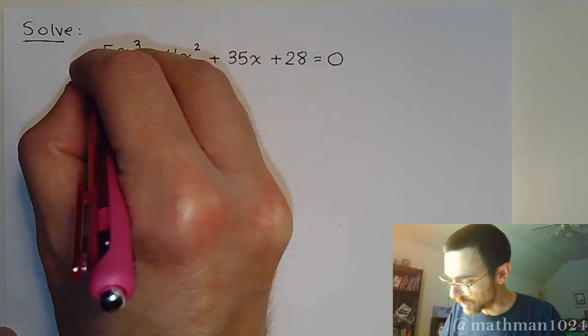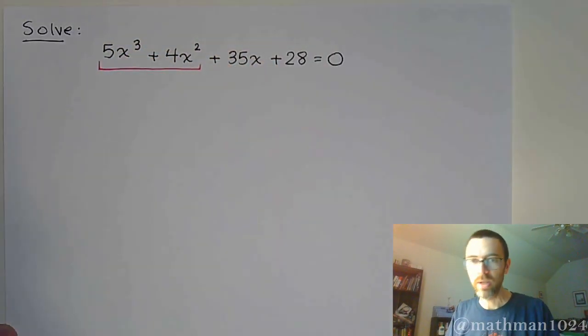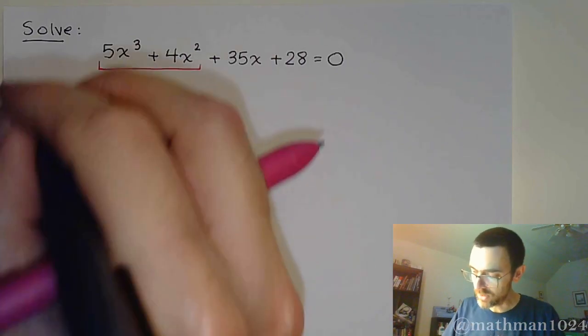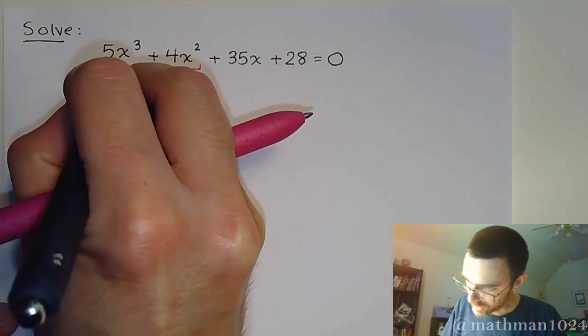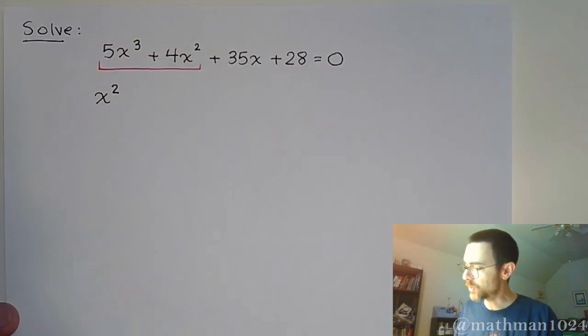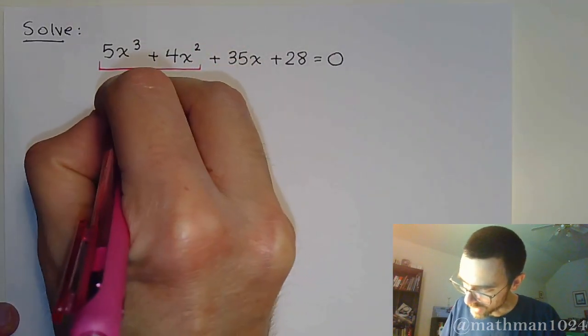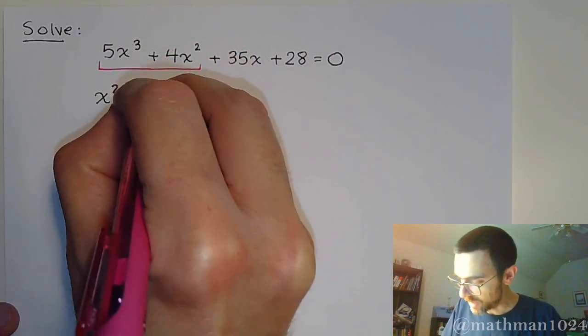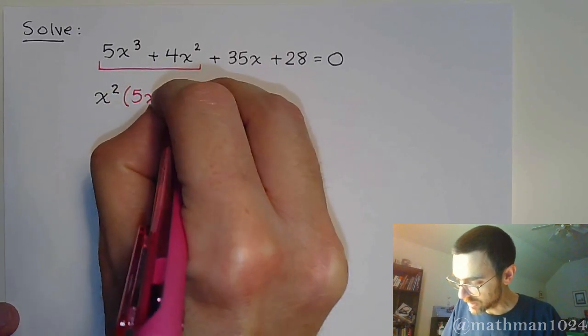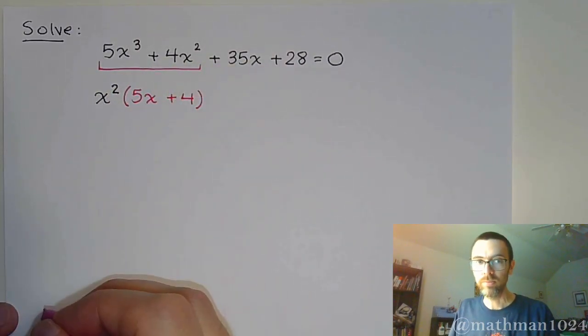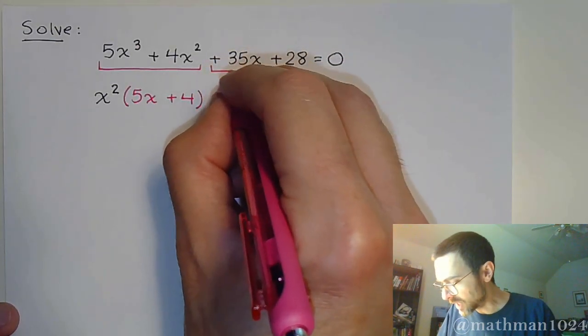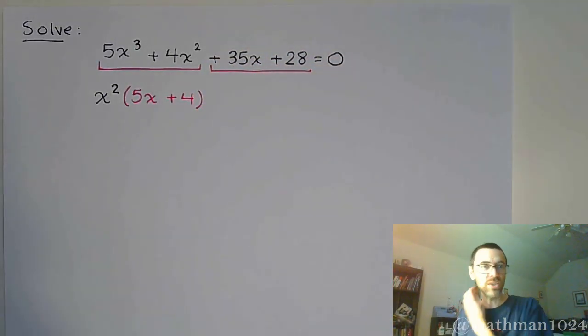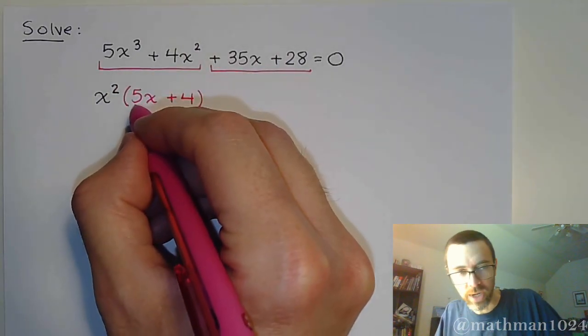In the first group right here, do we have a common factor? And the answer is yeah, we sure do. There's a common factor of x squared. Factor that out, and we have 5x plus 4. Then we move on to the second group, and we hope that we have something common between those. Now notice I had a 5 left over here.